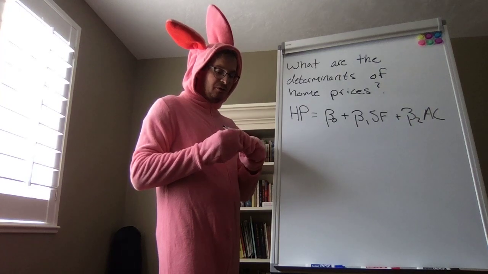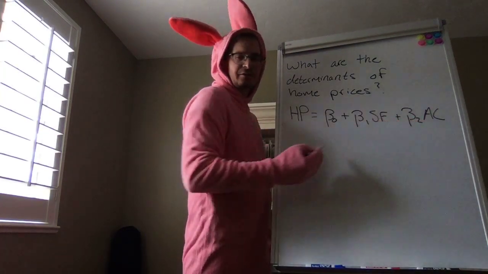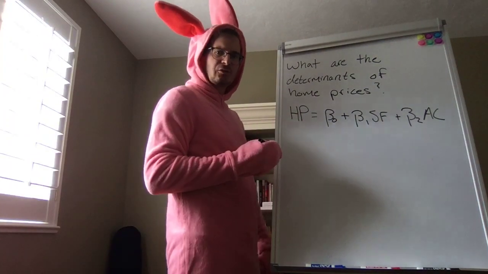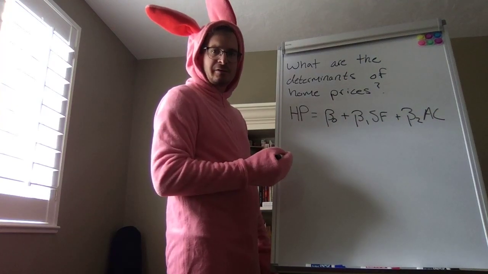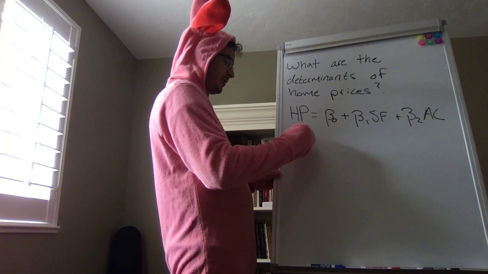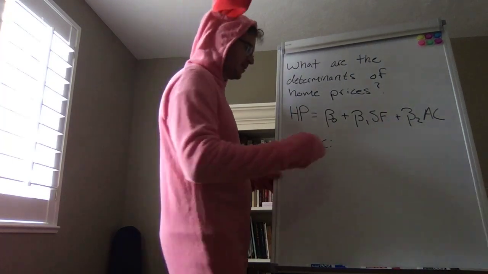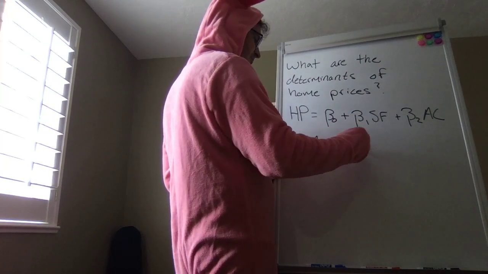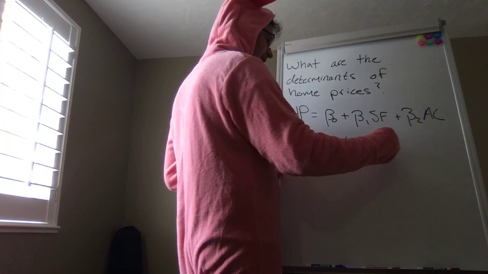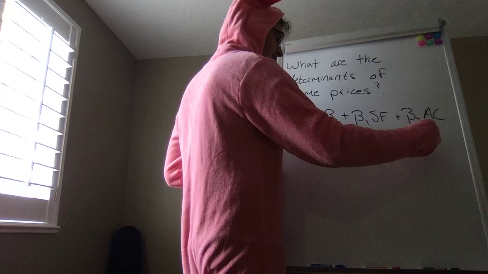Last time we talked about this, it can only take values of 0 and 1, like we just saw in the data set. So we can actually take this equation and write 2 equations with it. We could write a no AC equation, and that's going to be HP, house price, equals beta naught plus beta 1 square feet.